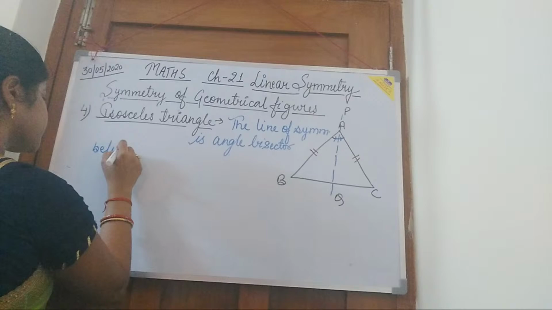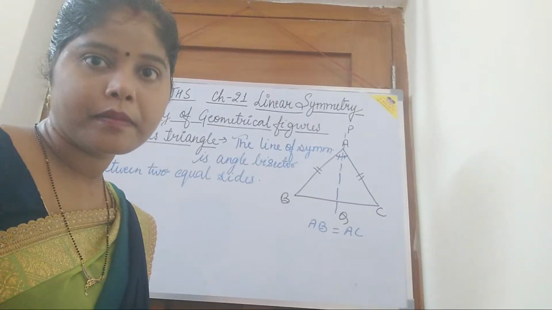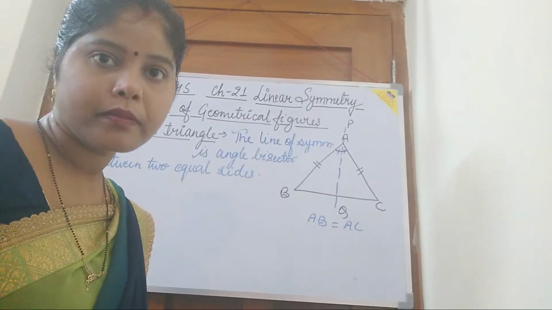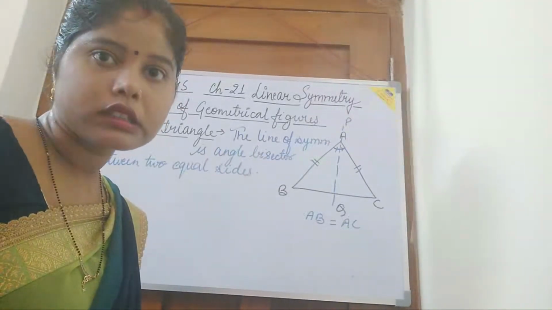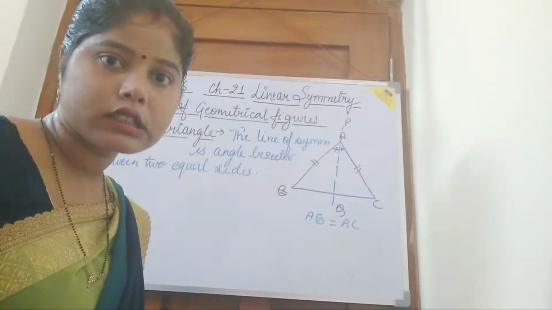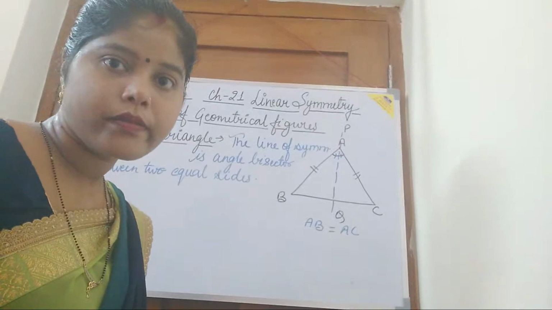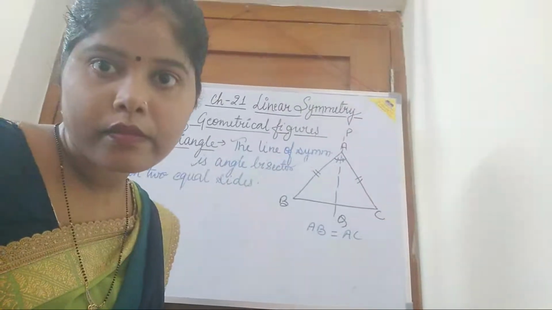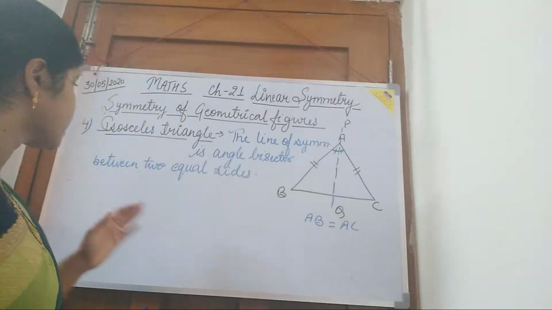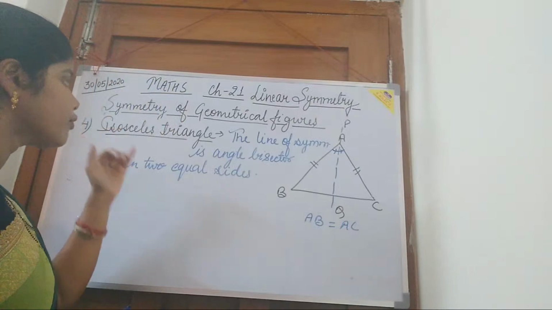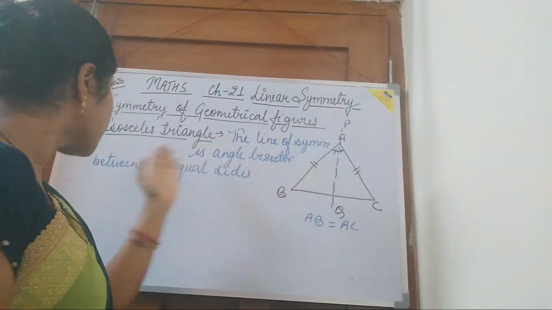So here, what is the line of symmetry for an isosceles triangle? The line of symmetry is the angle bisector between the two equal sides.